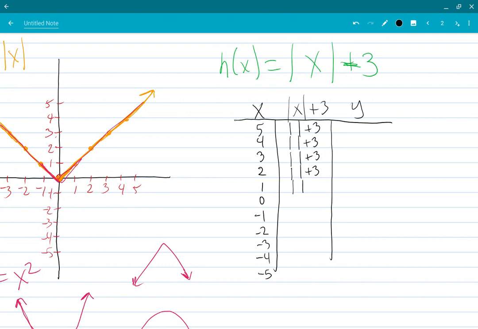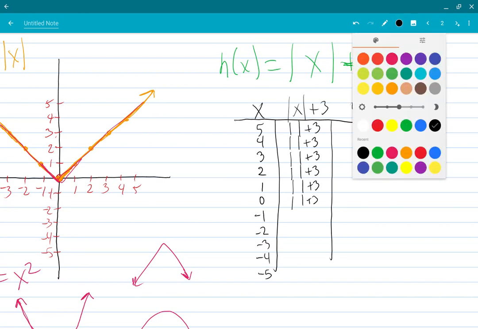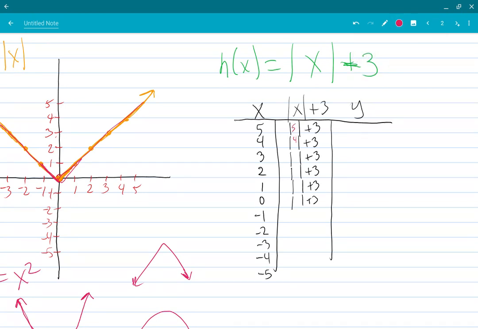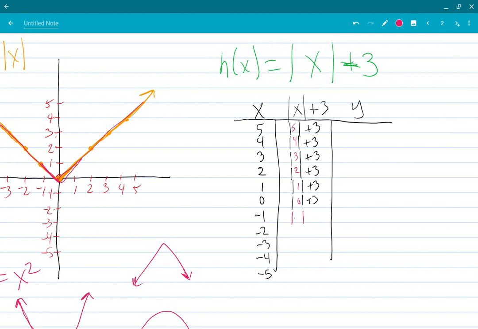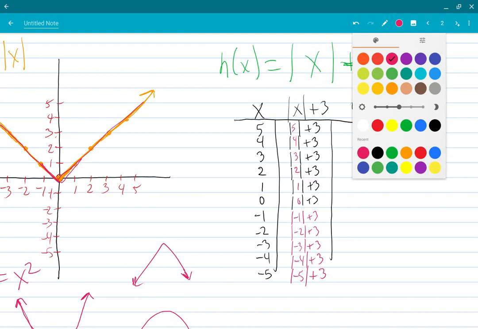I'm leaving a space so I can put the number in here. All right, I'm going to put 5, 4, 3, 2, 1, 0, -1 plus 3, -2 plus 3. And if I'm going too fast, please let me know, okay? I can slow down, no problem.